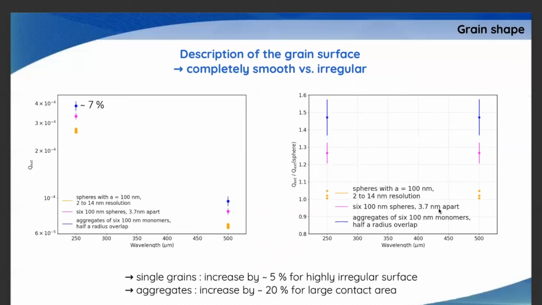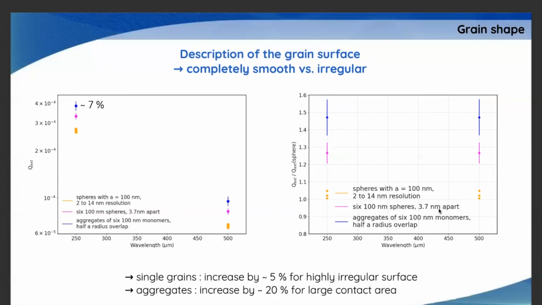If I plot the ratio between the irregular sphere and the perfectly smooth sphere, you see variations in the far infrared of the order of 5% at most. So that's another source of uncertainty: how do I describe my surface?